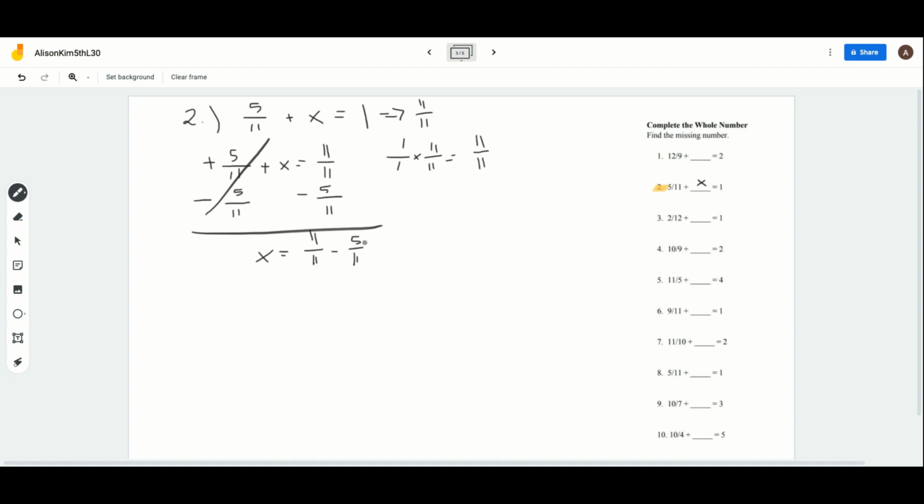You can solve this because they have the same denominator. It's going to be 11 minus 5, which gives us 6, and the denominator stays the same. So it's going to be 6 over 11.